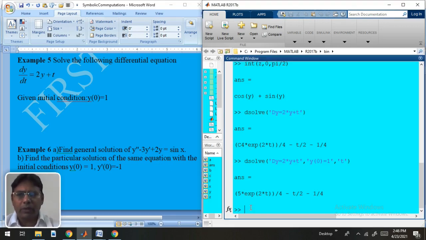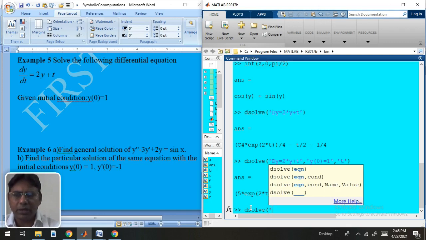So we write dsolve, the built-in function, and then D2y minus 3 into Dy plus 2 into y is equal to sine of x.